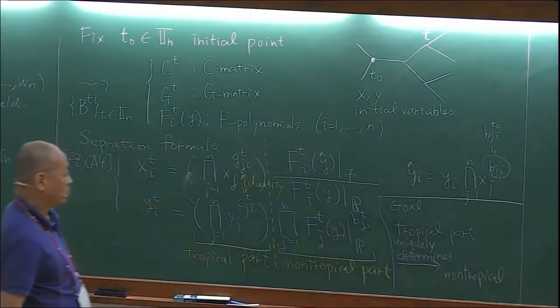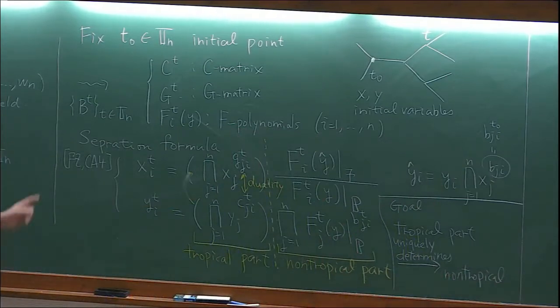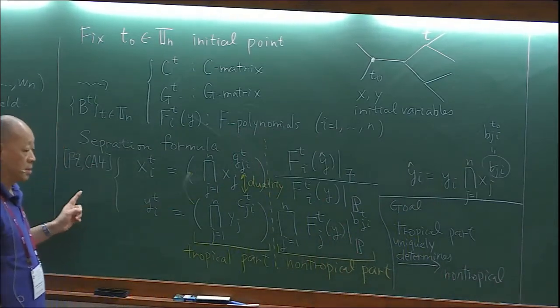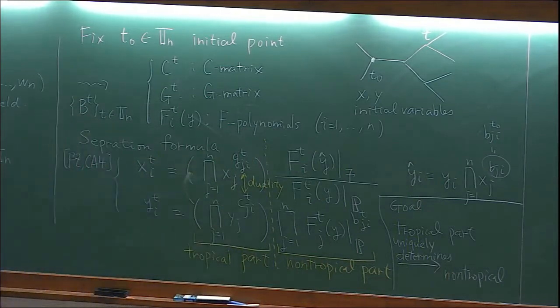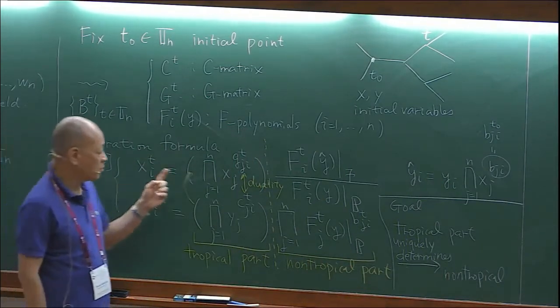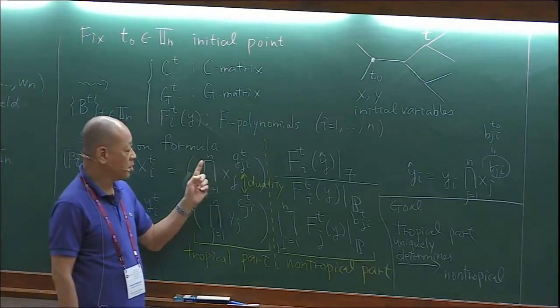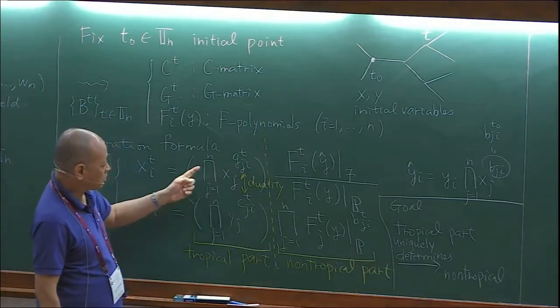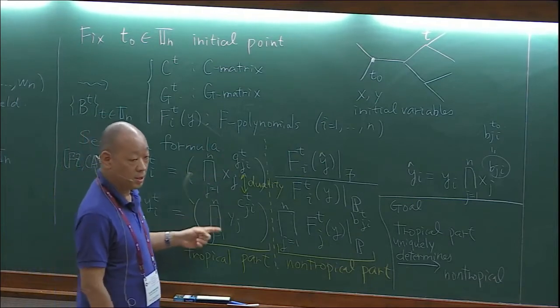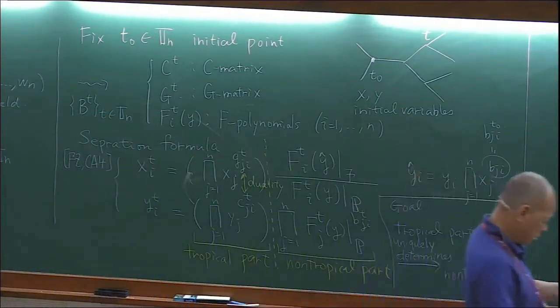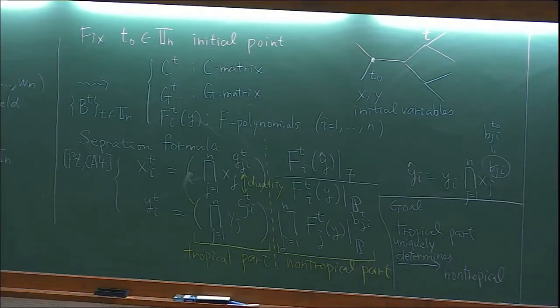That is the most important thing which this separation formula will tell us. It means the complicated mutation formula can be reduced to a much simpler mutation formula for these tropical variables. That is the statement that I'm going to explain in this second lecture.